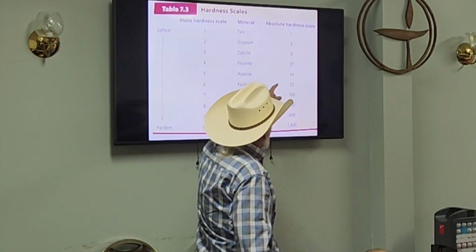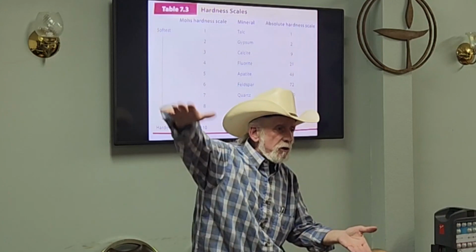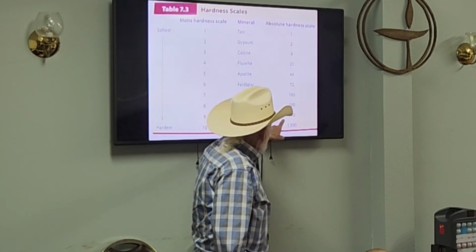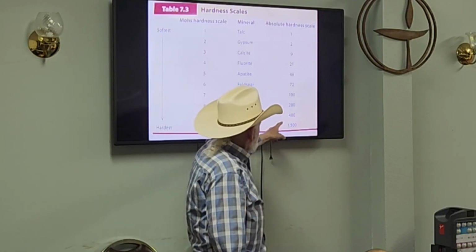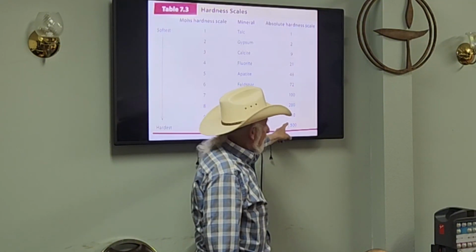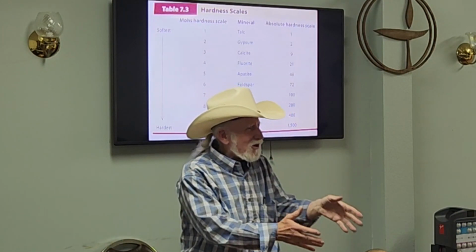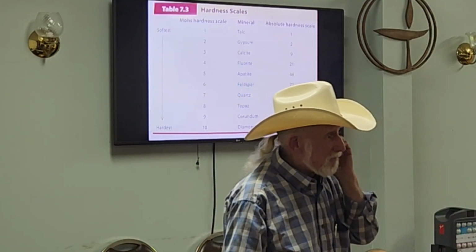So this scale, the absolute hardness scale, is very curved. When you get down here, corundum, which is your sapphire family, is 400. But then when you go to diamonds, it's 1500. Look at the difference between a sapphire and a diamond. A diamond should be able to cut sapphires real easy, right?